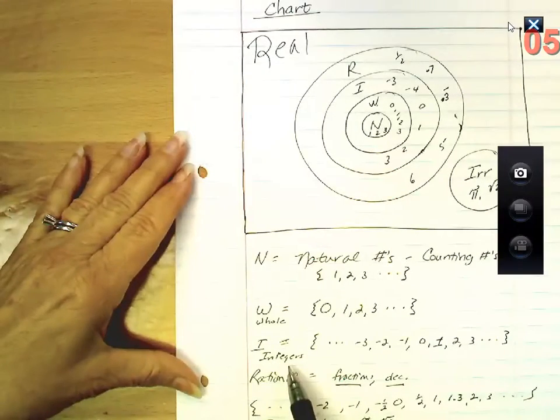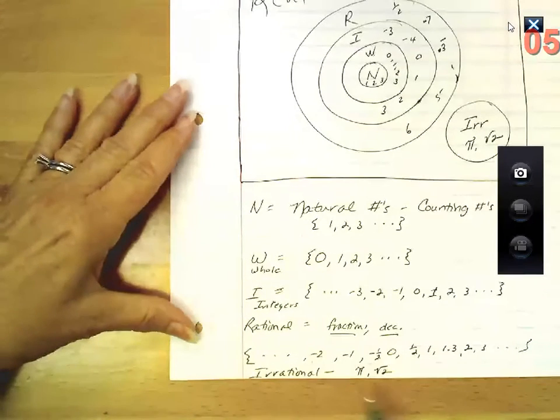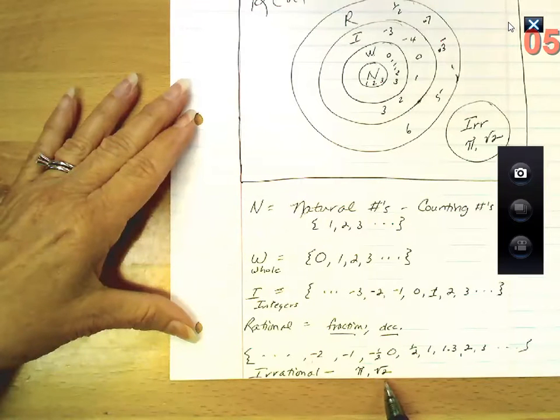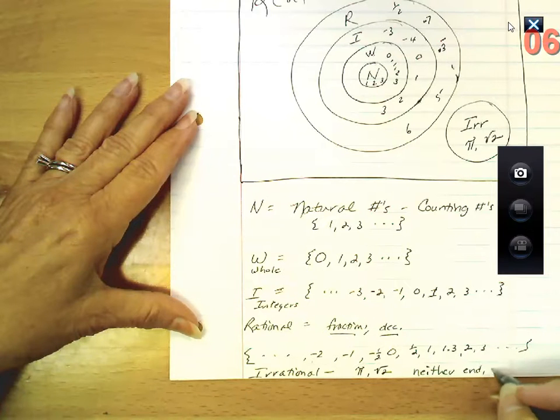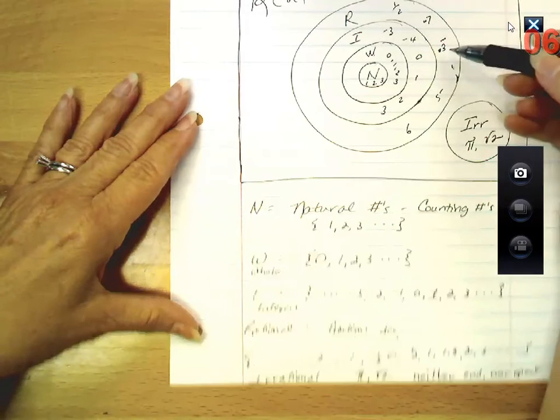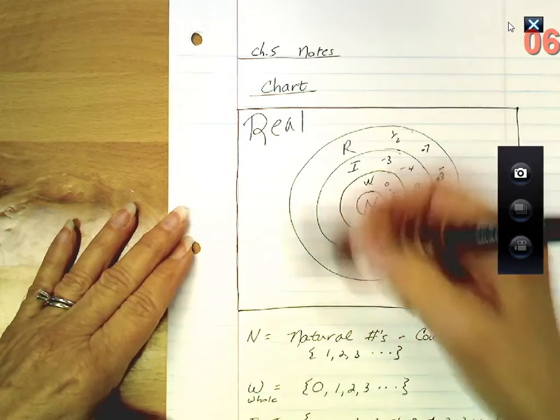Integers, add the negatives. Rational, add the fractions and the decimals. Irrational, add pi, radical 2, things that neither end nor repeat. If it's like 0.3 with a bar, see that repeats, so it is a rational number.